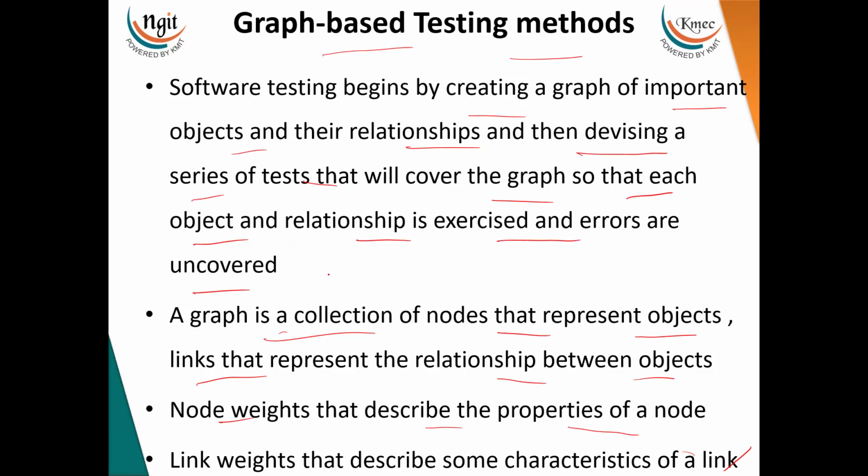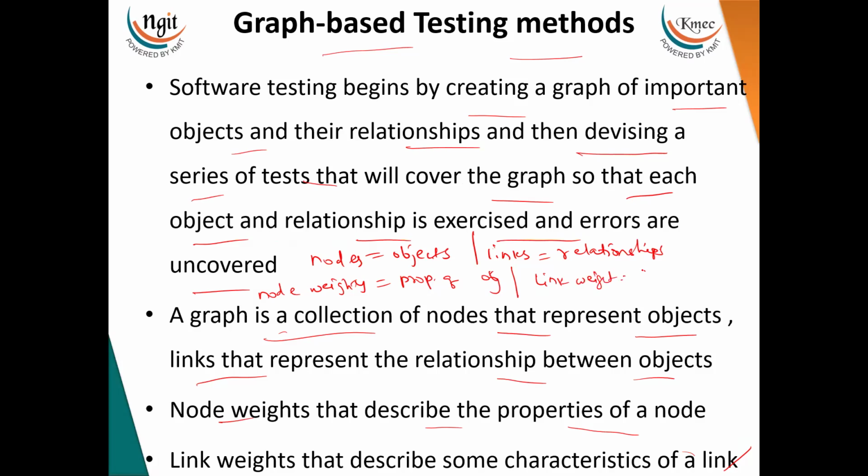Let me write here: nodes or objects, links equal to relationships, node weights equal to properties of object. Link weight is nothing but the properties of relationships. Got the point?